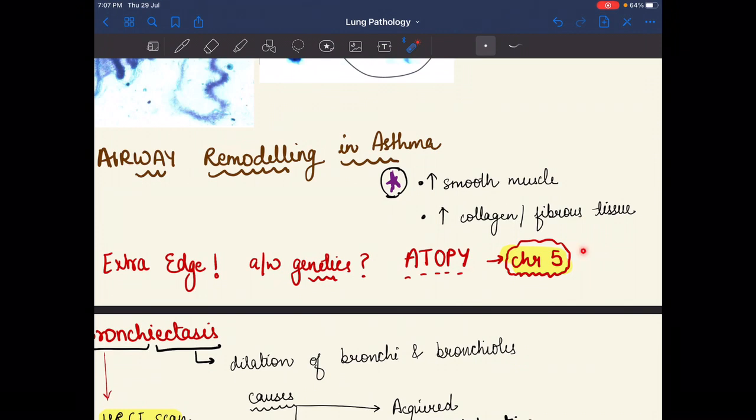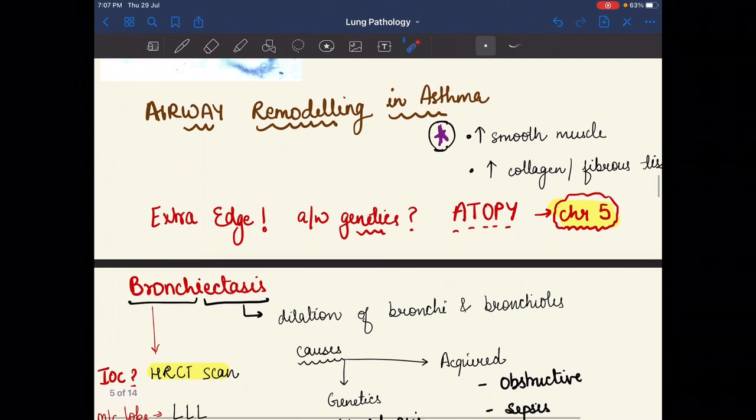So it is known as atopy, and atopy is due to chromosome number 5. Atopy has 5 letters, A T O P Y, 1 2 3 4 5, so it is chromosome number 5. So this is about airway remodeling in asthma.